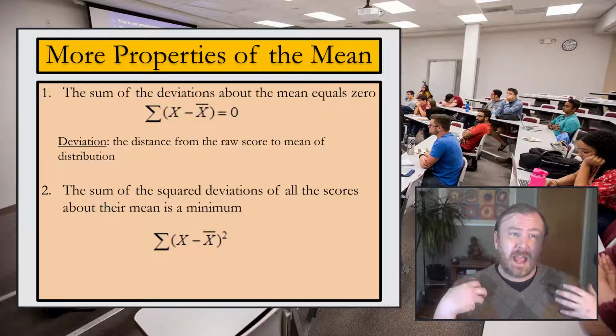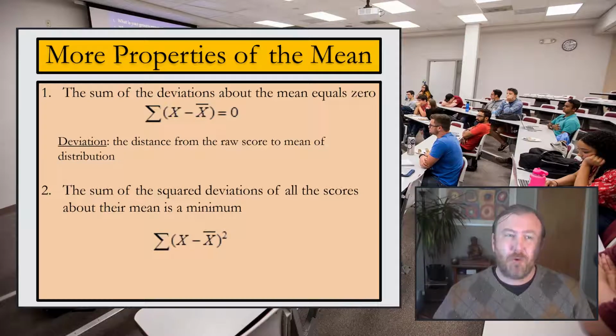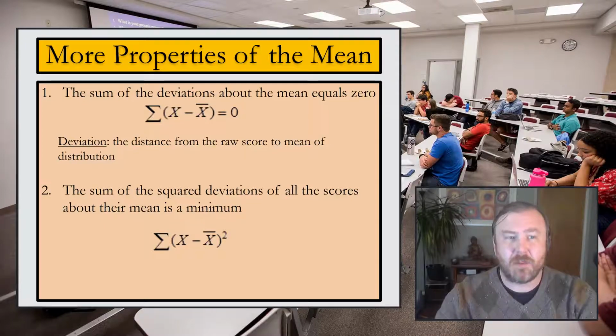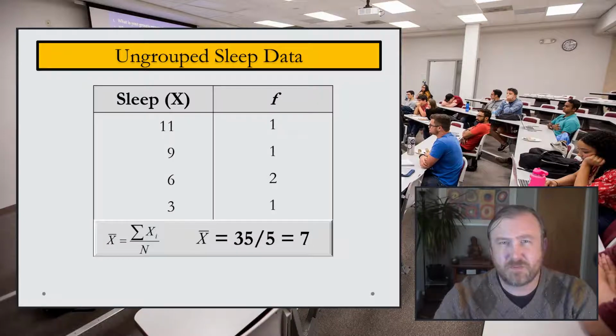And if we square those differences, the mean is the point at which the sum of the squared deviations is smallest. Okay, so let's look at some other data here. Let's look at sleep data, and I'm going to try to explain this deviation thing, minimizing deviations, with some more graphics.